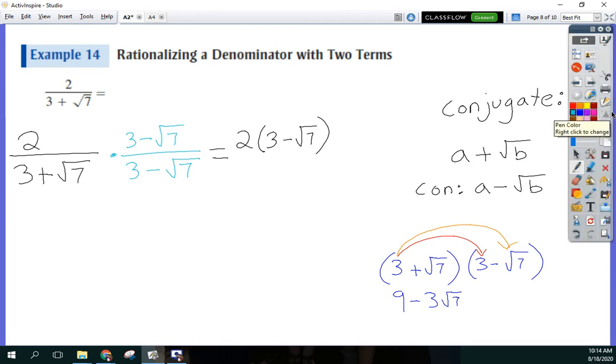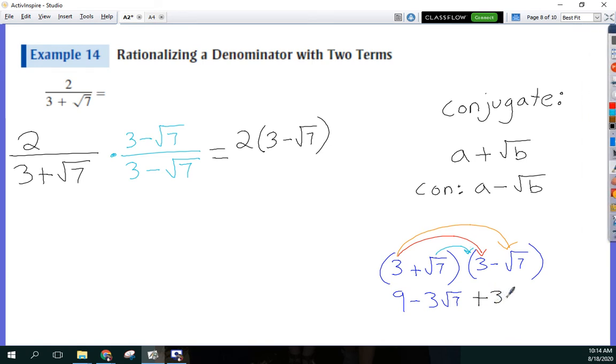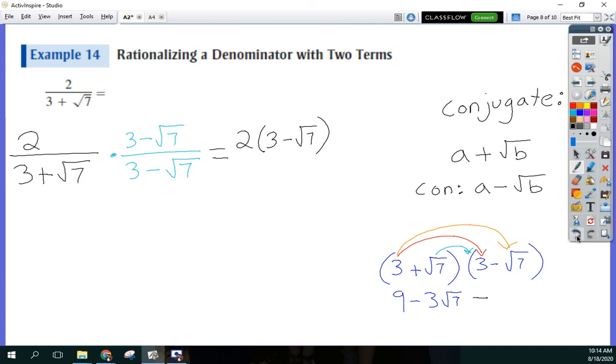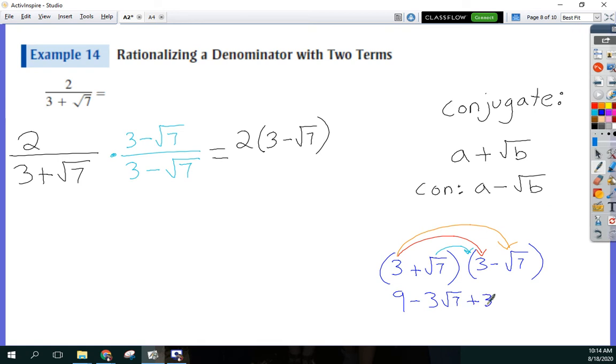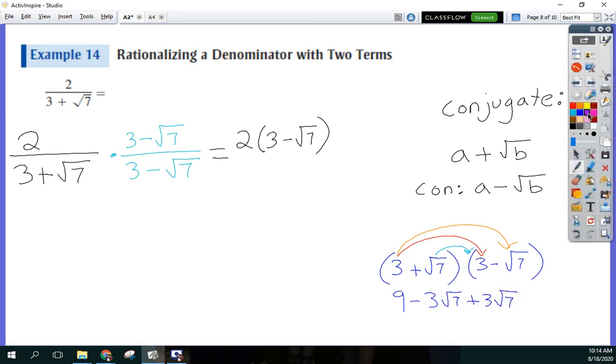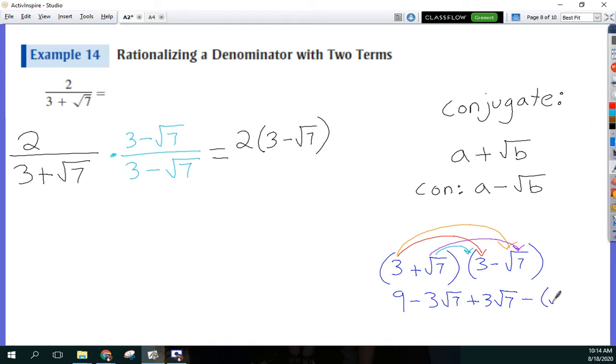Then we want to do the square root of 7 times 3, which gives us a positive 3 square roots of 7. And then lastly, we want to do square root of 7 times a negative square root of 7. And that's going to give us just a negative square root of 7 squared.